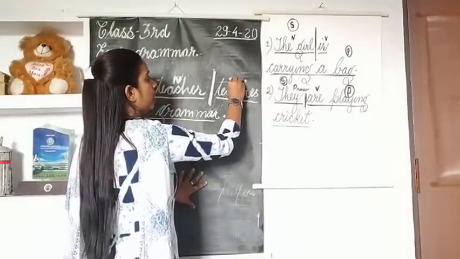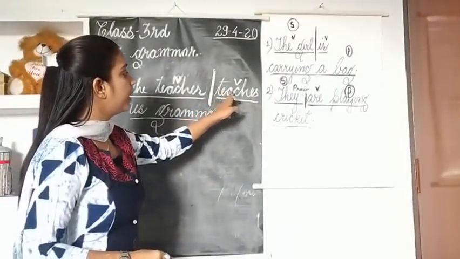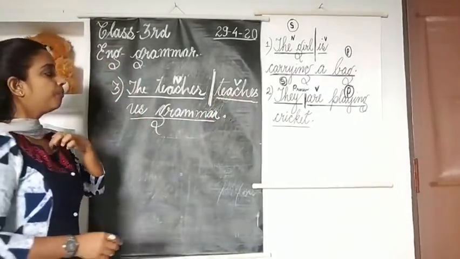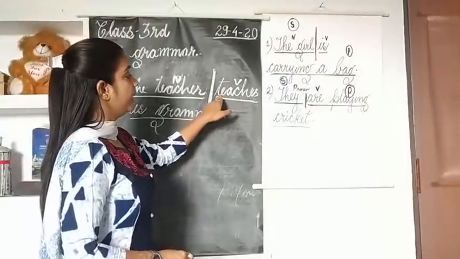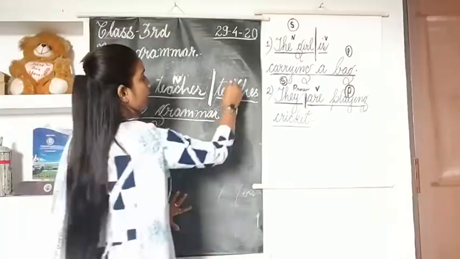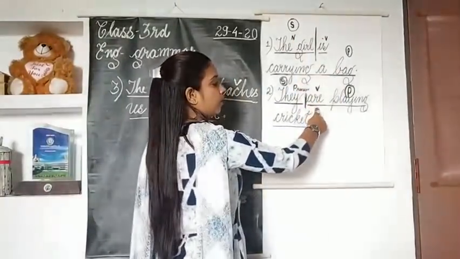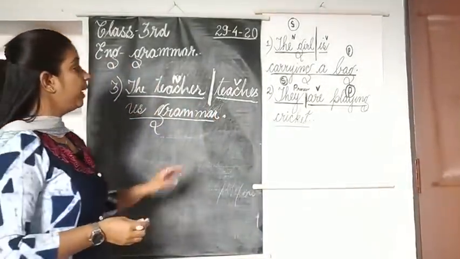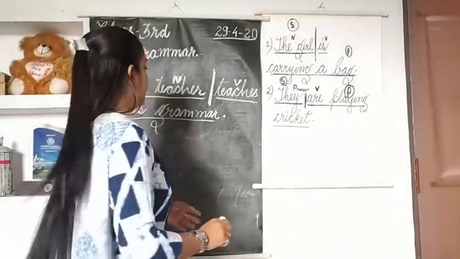As I have told you, the predicate part always begins with a verb. Here is was the helping verb, here are was the helping verb, but here teaches is the main verb. So it must always begin with a verb, either a main verb or a helping verb.